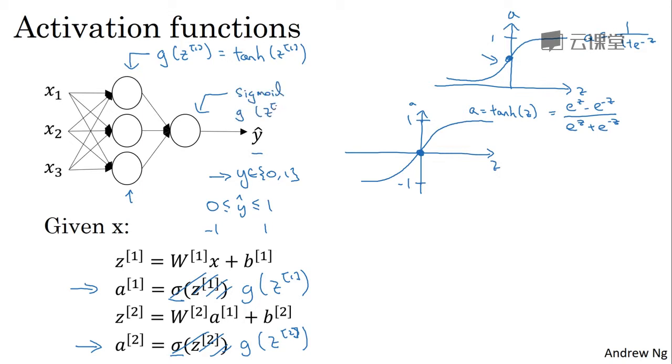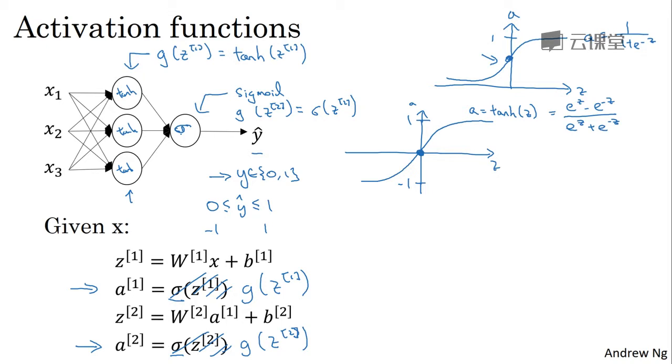So g of z2 here is equal to sigma of z2. What you see in this example is that you might have a tanh activation function for the hidden layer and sigmoid for the output layer. So the activation functions can be different for different layers.